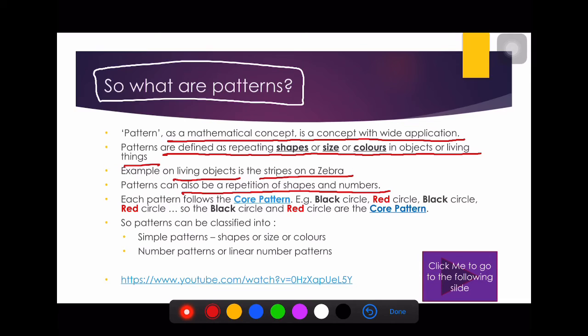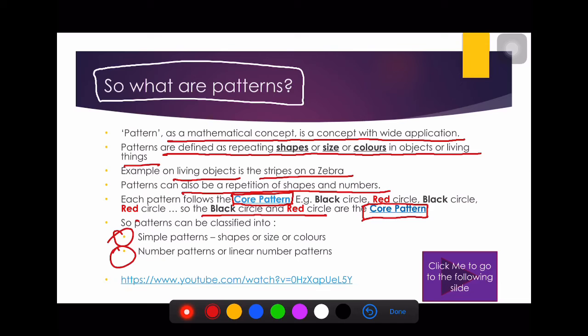So each pattern will follow what we call the core pattern. So for example, black circle, red circle, black circle, red circle. So the black and red circle, the first two, are the core pattern. Patterns can be classified into simple patterns and number patterns.